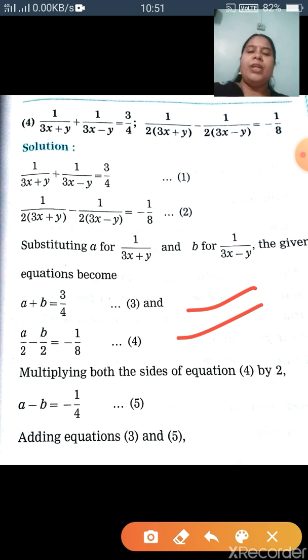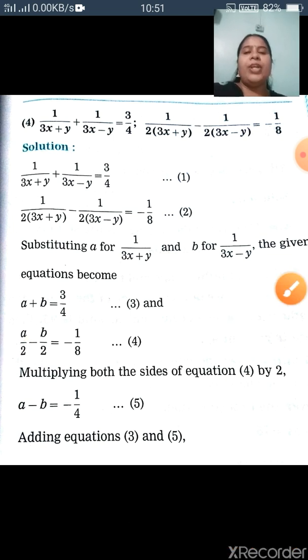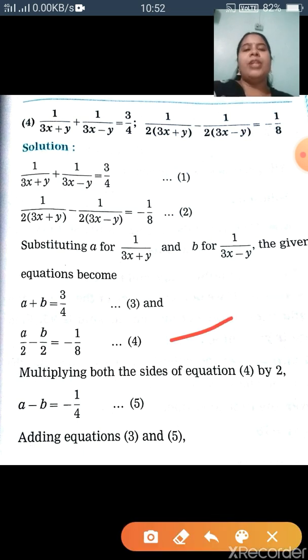Now what is to be done? Now I have got a fraction here, as you can see here, 2 and 2 and that as 8. So our next step is to get rid of that fraction and to bring this equation number 4 in the standard form. So what we will do? We will multiply both the sides of equation number 4 by 2. Why by 2? Can you tell me? Think about it.